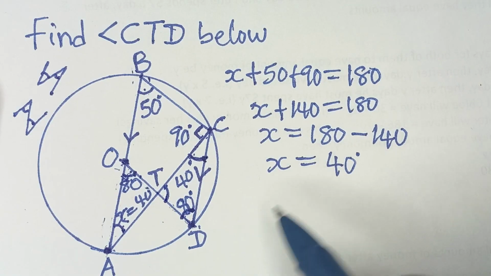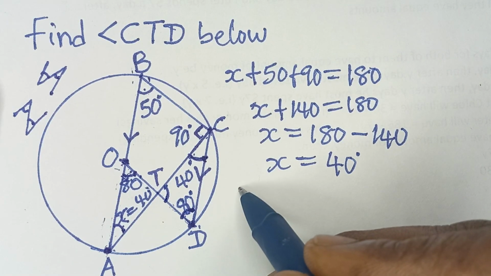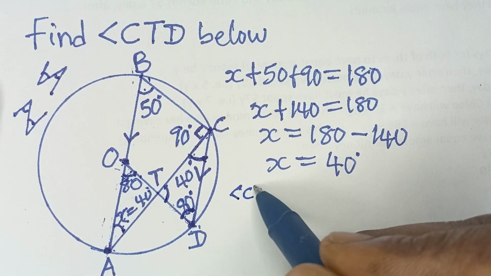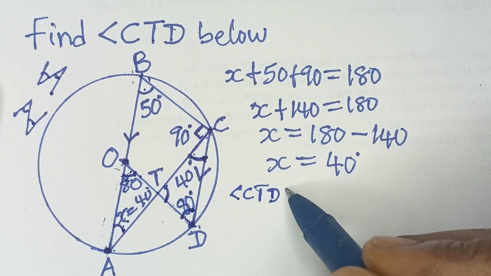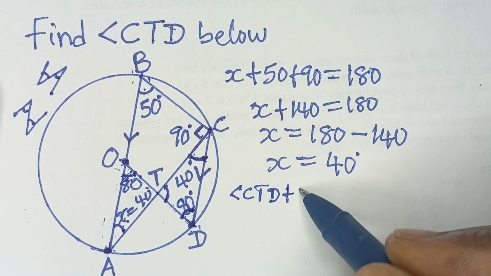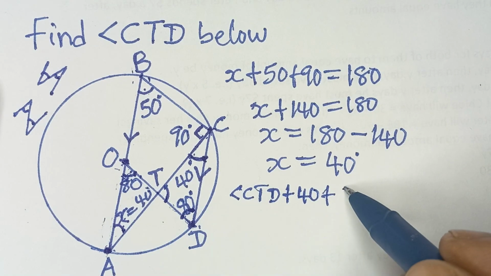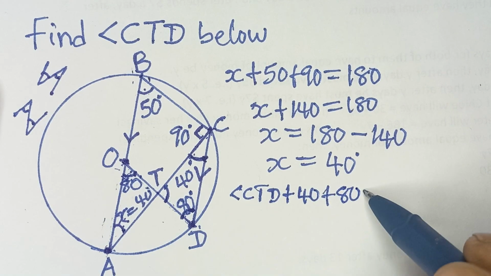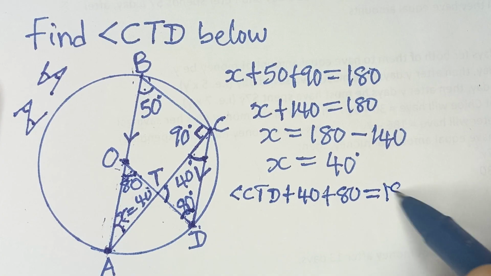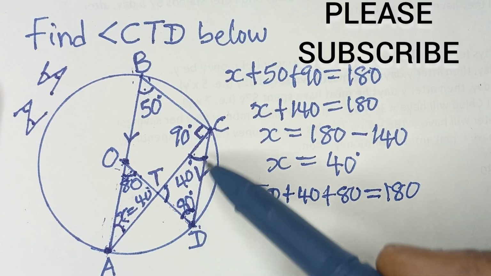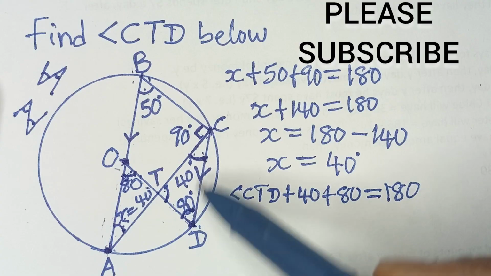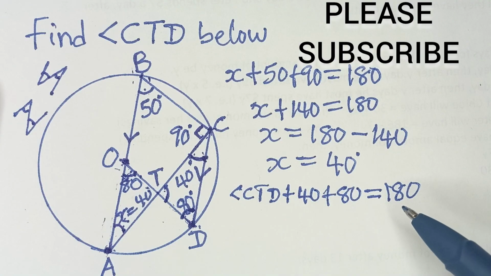So you agree with me that in a triangle, this angle CTD that we're looking for plus 40 plus this angle 80 should be equal to 180 degrees. That is, sum of angles in a triangle add up to 180 degrees.